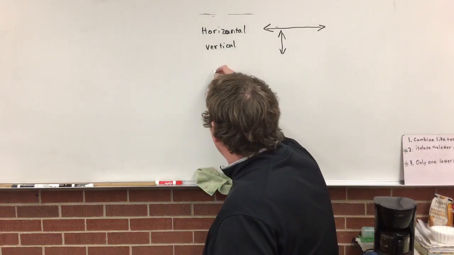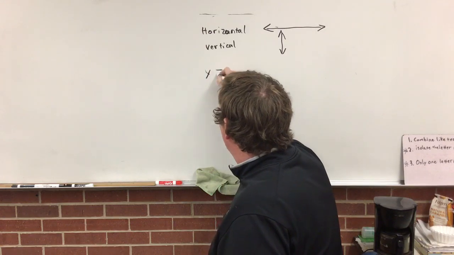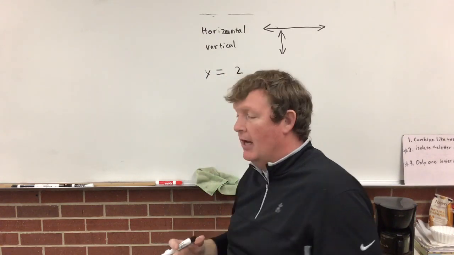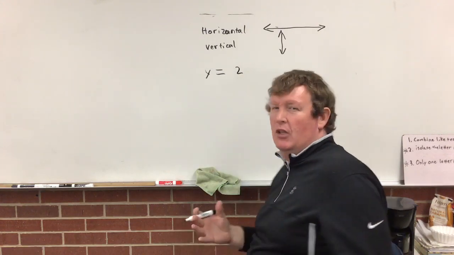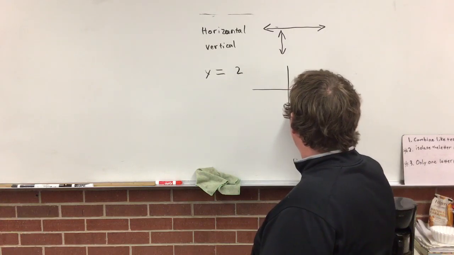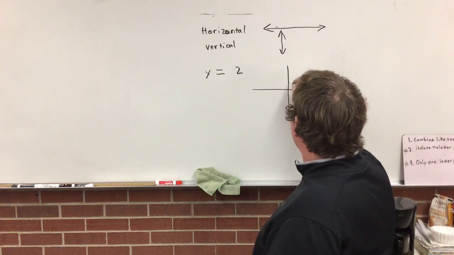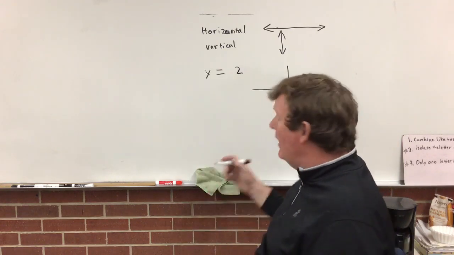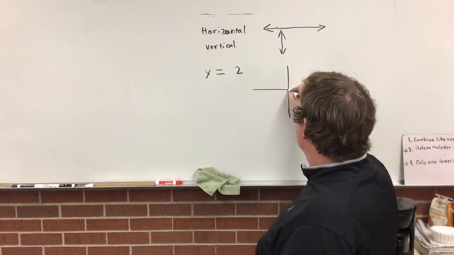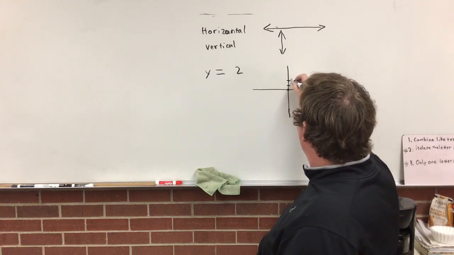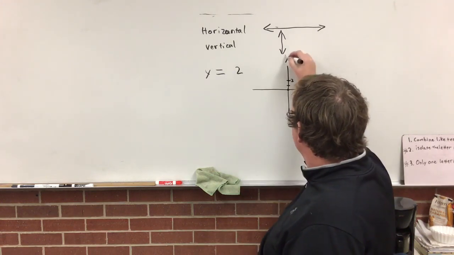So if anything says y equals 2, let's think about what that would look like on our graph. If y equals 2, I would go to where 2 is on my graph. If I started at the origin, 0, 0, and I moved up 2 places, that's where y is 2, right?